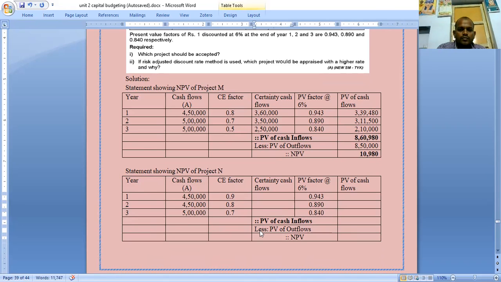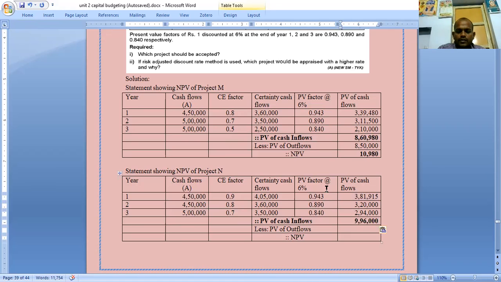Certainty cash flows for the project N: 4 lakh 5,000, 3 lakh 60,000 and 3 lakh 50,000. So we have to discount at a risk-free rate, that is 6%. So PV factors are same for the 6%. We have to multiply the certainty cash flows with the PV factor, so that we'll get the present value of cash inflows.